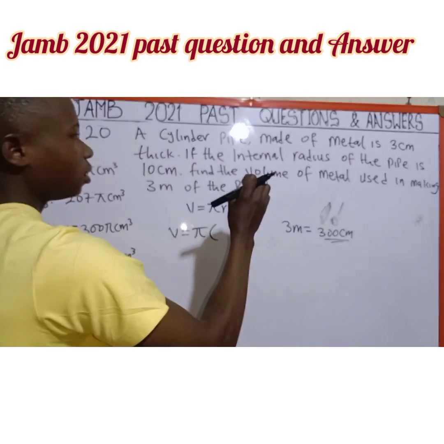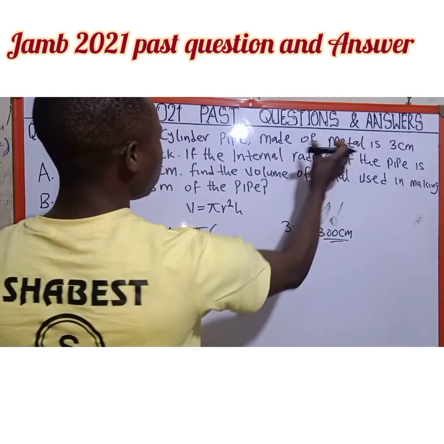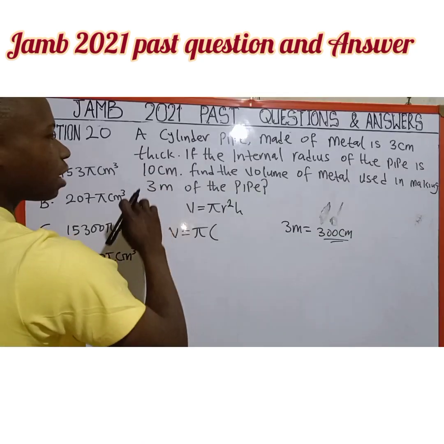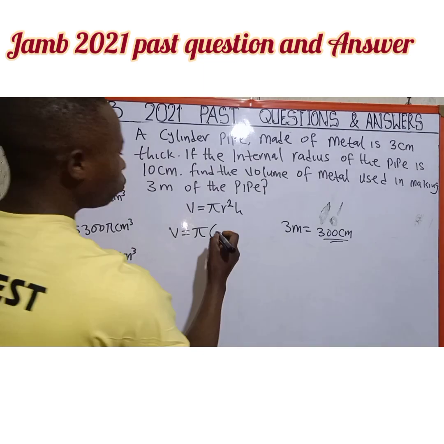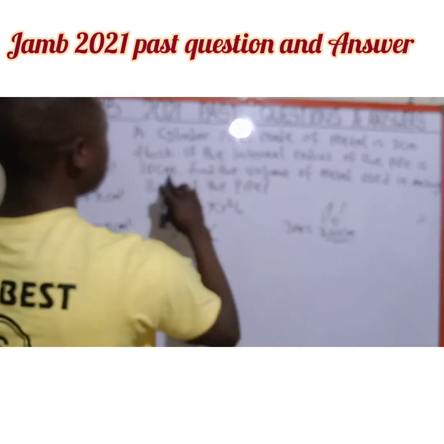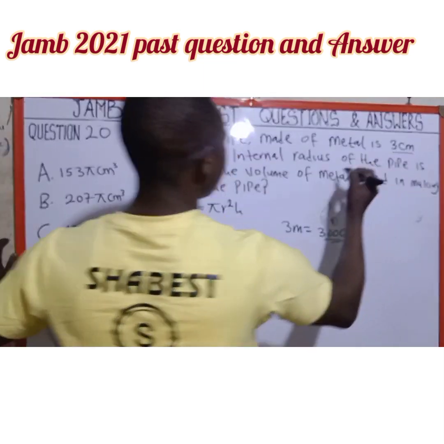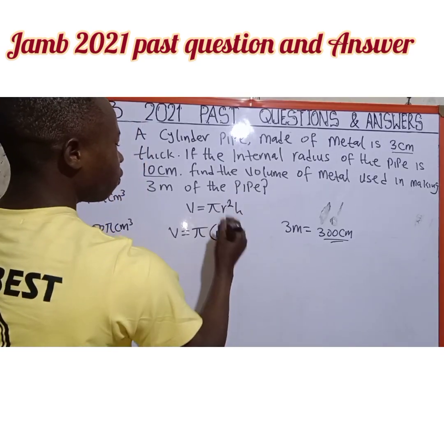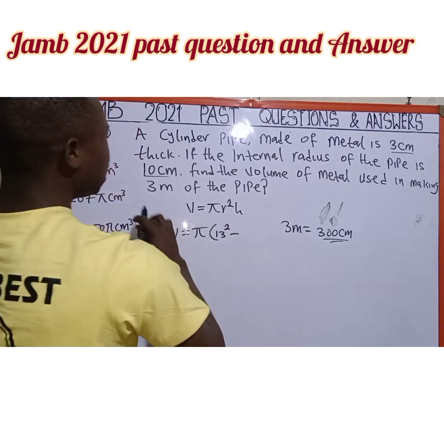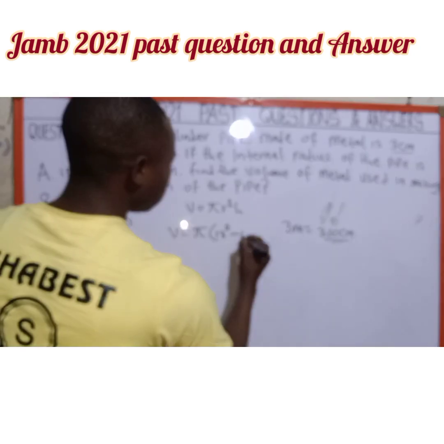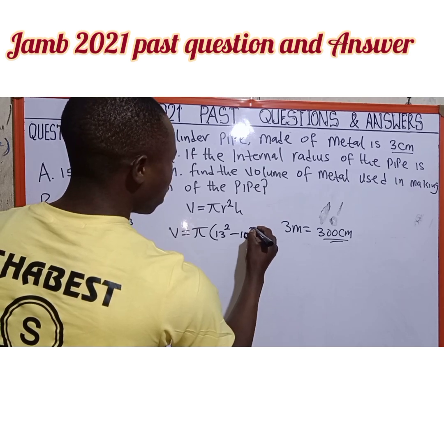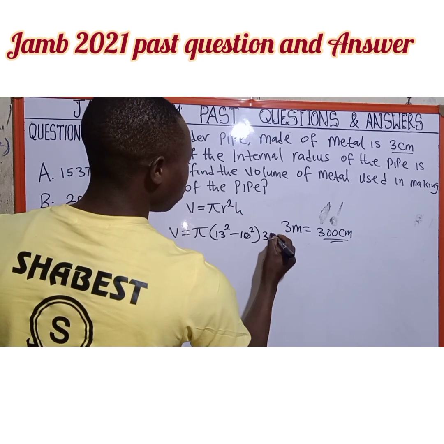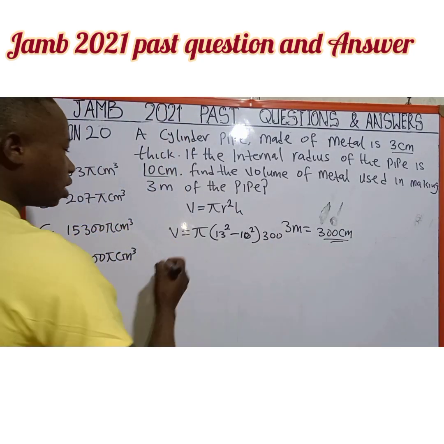So we are going to add both the external radius and the internal radius together first, then we minus the internal radius. So we are going to have 3 plus 10, 3 centimeters here, which is external, plus the internal is going to give me 13. And remember, the formula has square, then minus the internal, which is 10 centimeters. So you put square here because of the formula, then multiply by h, and my h is 300 centimeters. So let us simplify this.